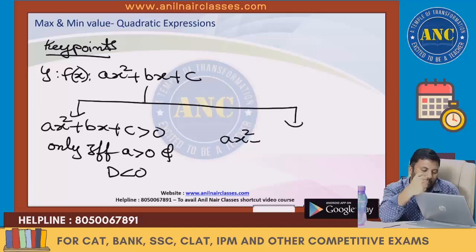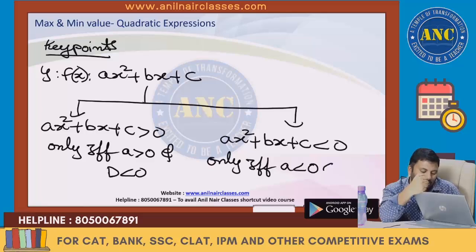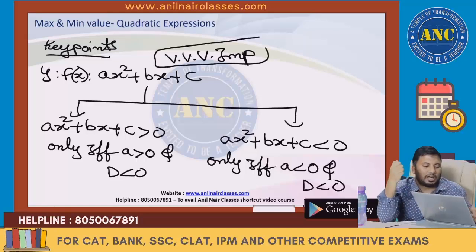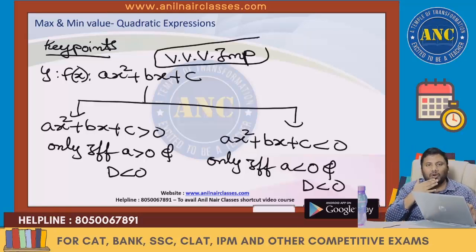Ax square plus bx plus c less than 0 only if a is less than 0 and d is less than 0. Very, very, very important concept in quadratic expression. Please make a note of it, sir.